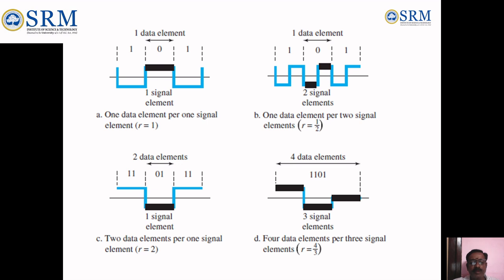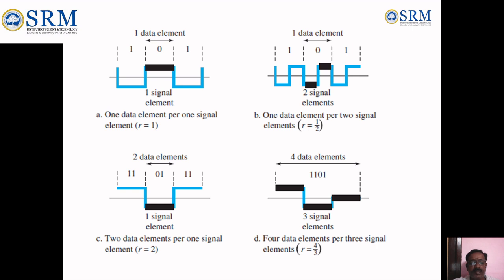In this slide, you can see one data element per one signal element, shown in the first diagram, that occupies one clock tick. The second example, one data element per two signal elements transmitted. So the R value is 1 by 2. It occupies a single clock tick.